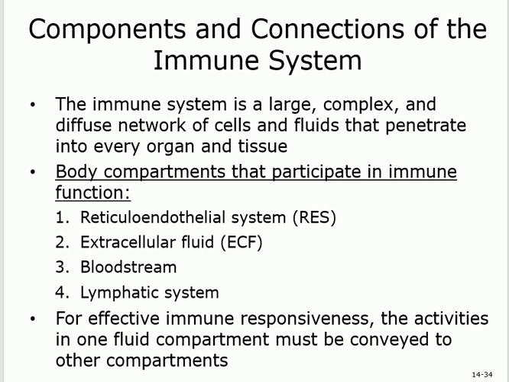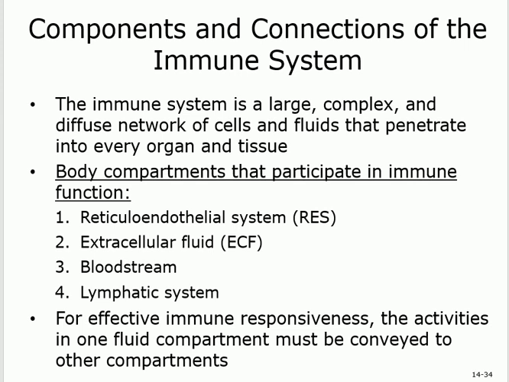What's the difference between extracellular fluid and blood? Is it the same thing? No. Extracellular fluid is any fluid outside of the cells. Blood is outside of the cells but inside the vessels. So if it is in between the cells, we call it extracellular.